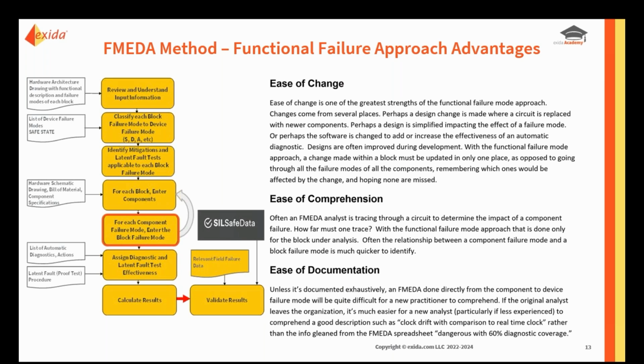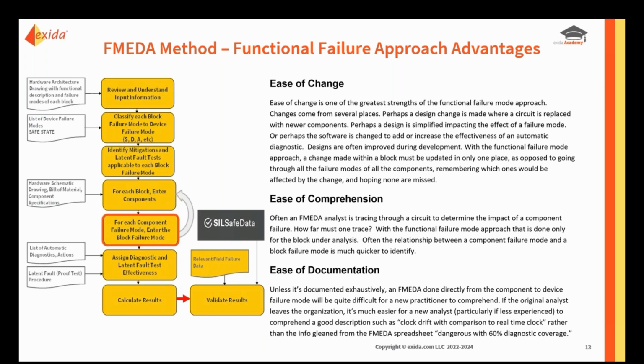You know, let's say you've got a power supply and you've got a feedback resistor, and the feedback resistor drifts high, and that results in a reduced output voltage. Okay, then you could say as the analyst, well, about half of that really is no effect, and the other half of it is dangerous, but we've got a low voltage detector and we'll give that low coverage, so that's 60%, but it's only on half the failure rate because of the no effect.